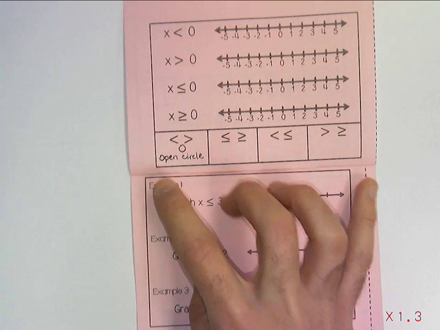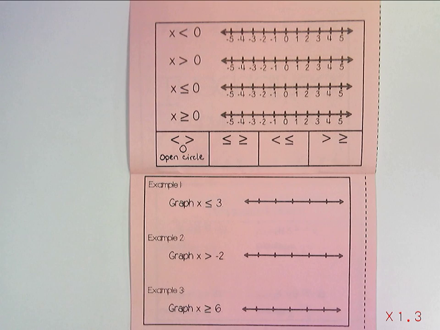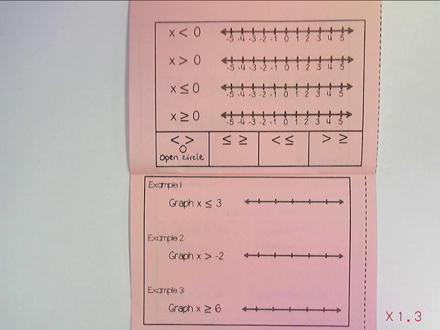So an open circle when using those. And the reason that we use an open circle for less than or greater than is because in our answer, we couldn't include the number itself because a number would never be greater than itself or less than itself.